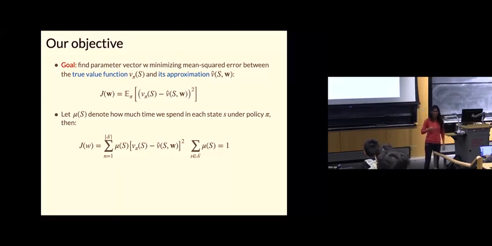You remember that we motivated reinforcement learning as essentially a specific approximation to dynamic programming, where we said not every state counts the same. The states that the agent visits actually are more important. And that's what expectation under policy pi means. It means that we have a particular policy that induces a state visitation distribution over the states. Some states are visited more by the policy and some states less.